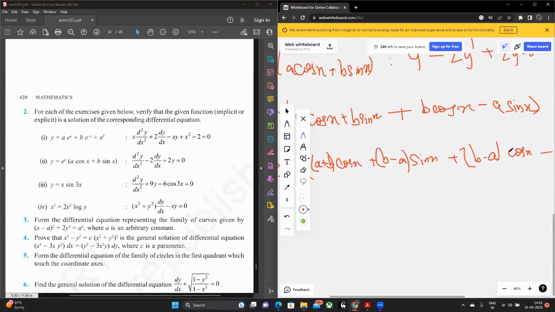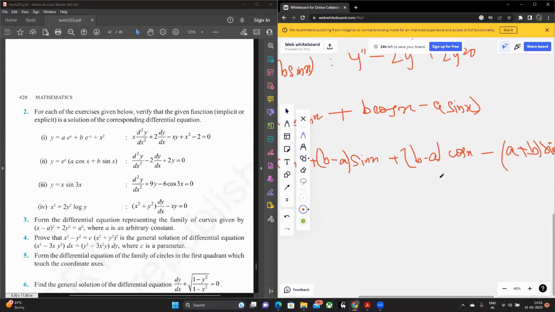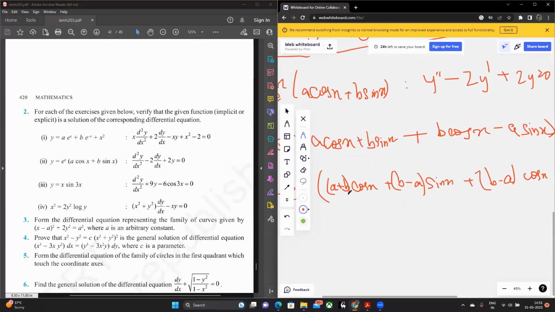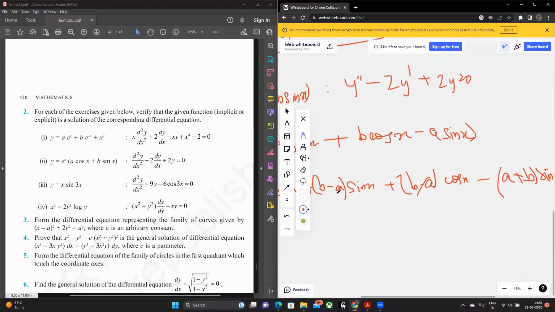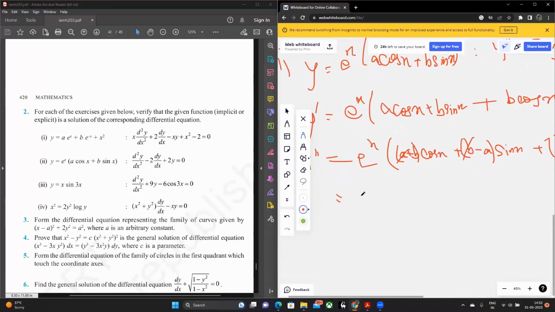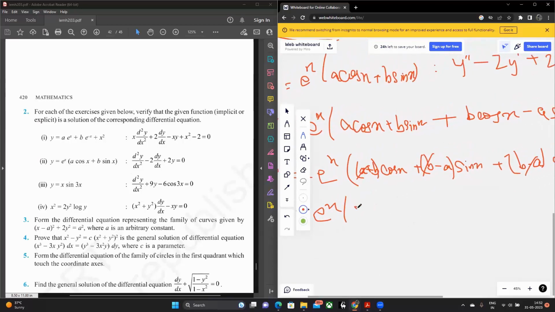So we have plus (b minus a) cos x and minus (a plus b) sin x. So the a goes off, and over here the b goes off. We are left with y'' equaling e^x into 2b cos x minus 2a sin x.